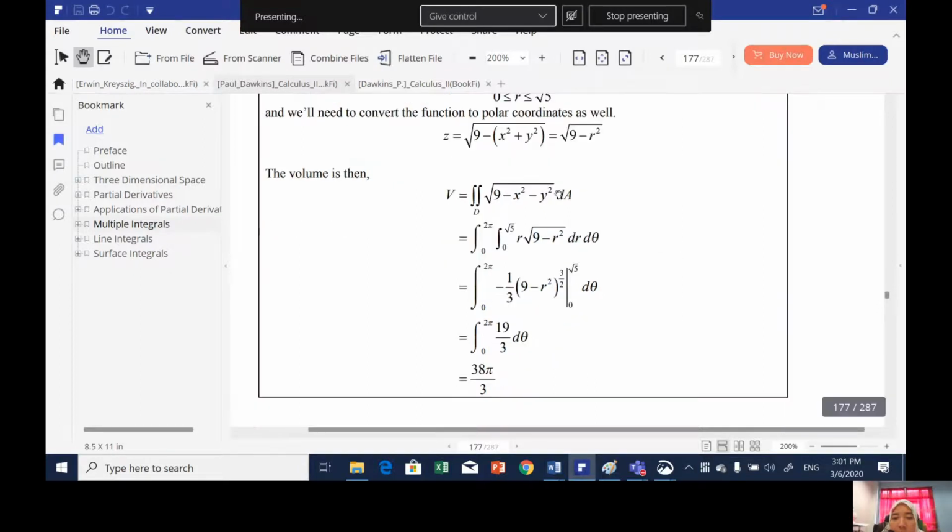This dA becomes r dr d theta. Previously we already identified that the radius is from 0 to the square root of 5 and the angle theta has its limit from 0 until 2 pi. Then we can perform the integration like this.